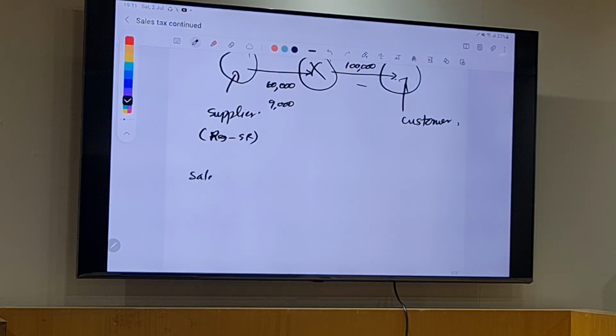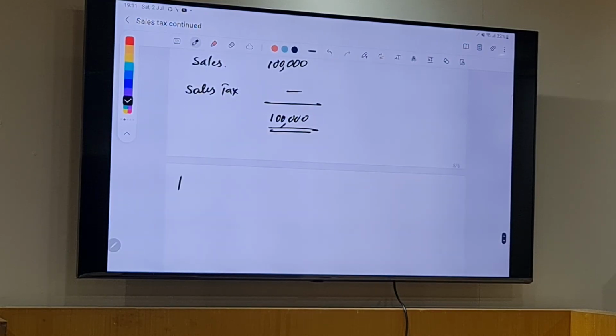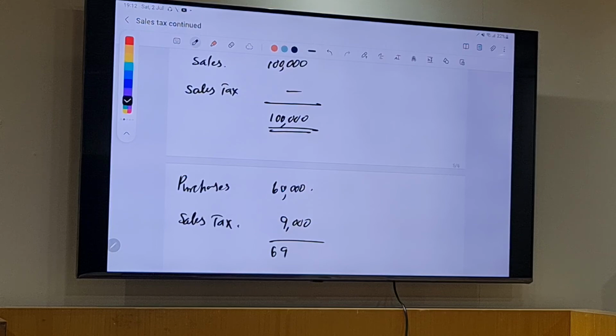Now, our sales 100,000. Sales tax margin. Purchases. Now please tell me, can you recover this 9,000?